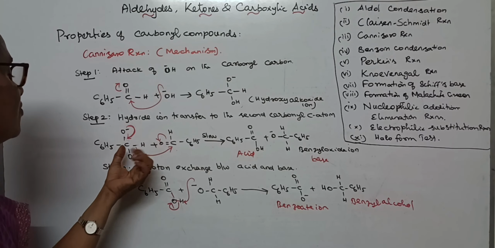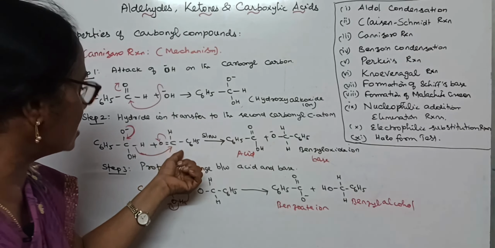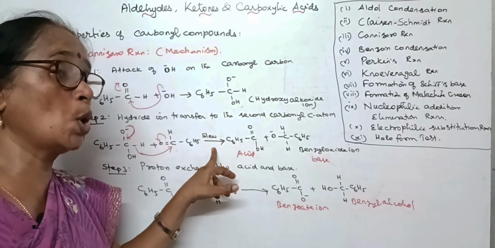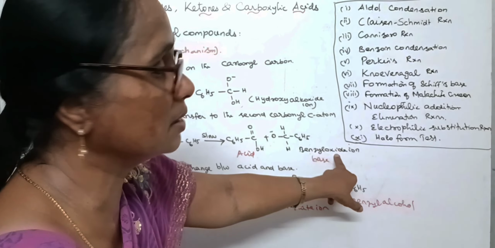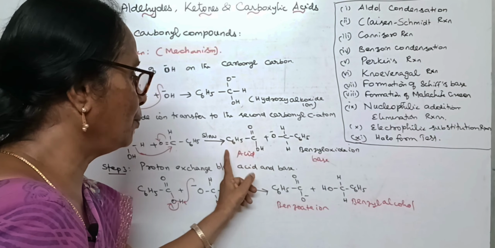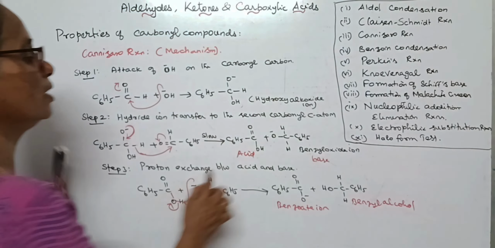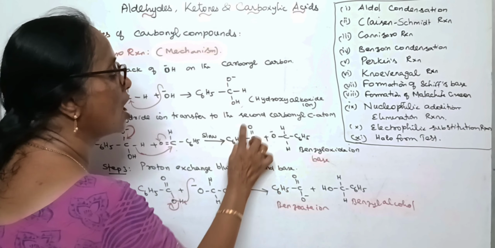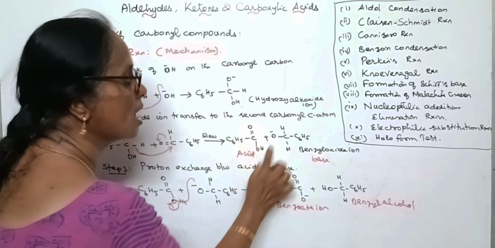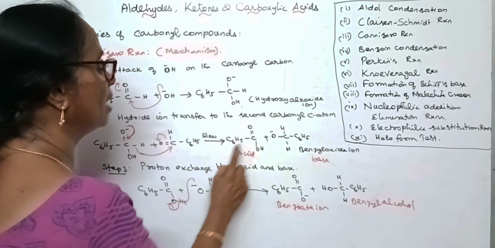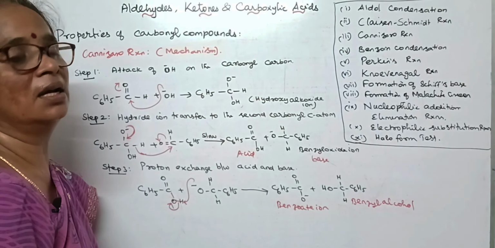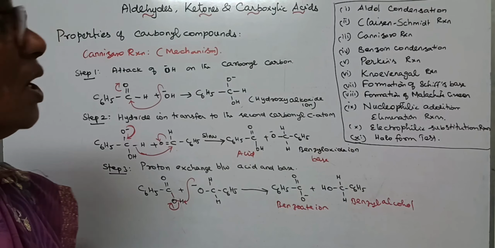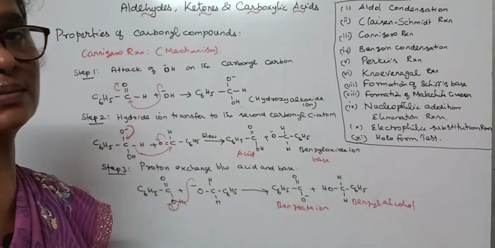This transfer of hydride ion to the other benzaldehyde takes place in a slow manner. So from here you are getting an acid and the base. From the acid and base, a proton is transferred from the carboxylic group COOH to the O minus. So we are getting benzoate ion and benzyl alcohol. That's all the mechanism involved in the CANNIZARO reaction.